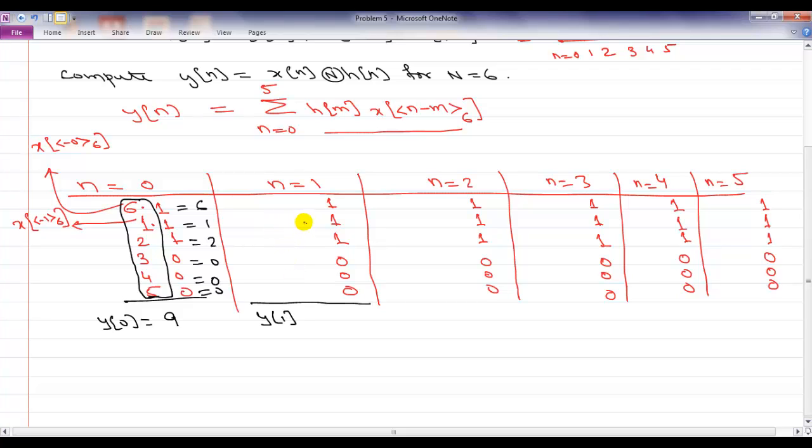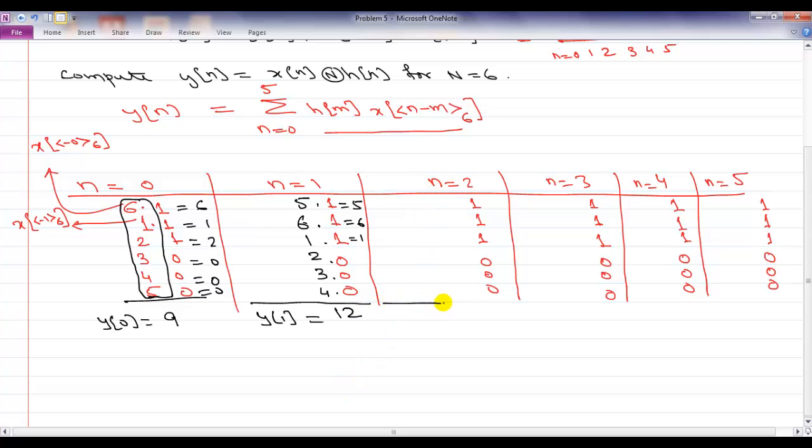So what you get here is 6, 1, 2, 3, 4. 5 has no place to go down, so that comes back up. Now we just multiply these and add these. So what do I get? 5, 6, 1, and the rest is 0. So I get 5 plus 6 is 11 plus 1, 12.